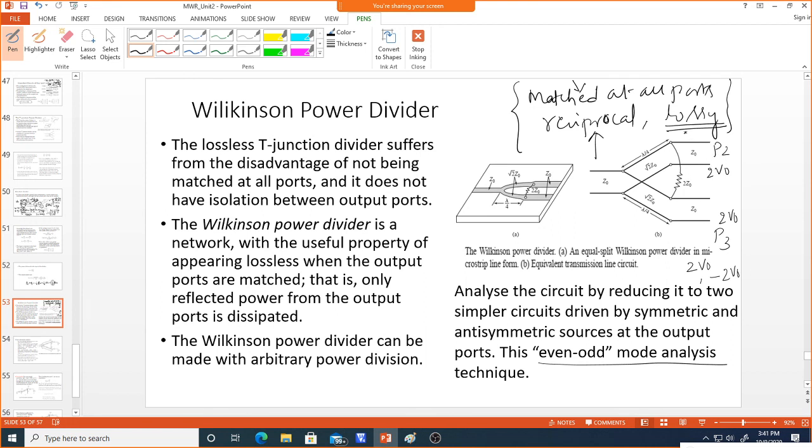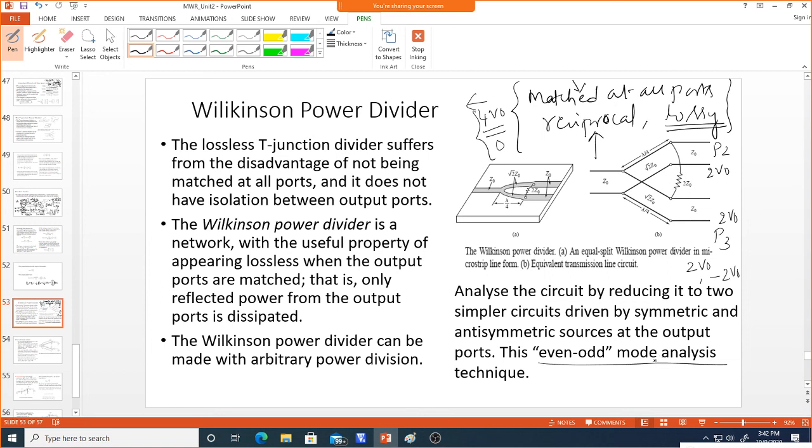One gives 4V0 as the total voltage, and you get the corresponding port matching as well as the power division. The other mode, the odd mode, gives 0. By taking these voltages we can easily analyze this Wilkinson power divider using the odd and even mode technique. This is important for the power division in this network.